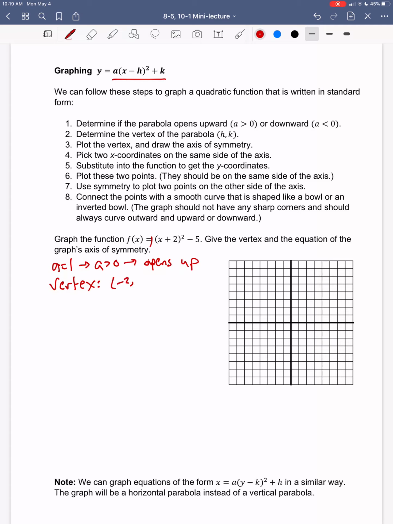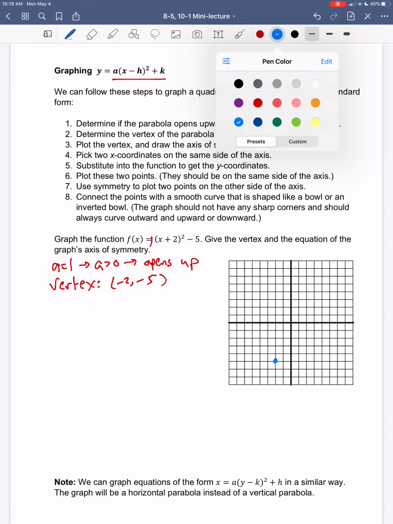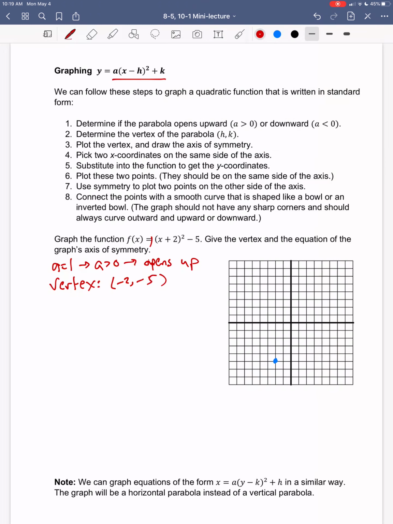And then the y-coordinate is just going to be this number at the end. Y, -2 plus 2 is 0. 0 squared is 0. 0 minus 5 is -5. So I've got my vertex. I know then that it's going to go through the point -2, -5. So -2, 1, 2, 3, 4, 5. That's going to be my vertex right there. I also have an axis of symmetry, and that's going to go up and down through that vertex.